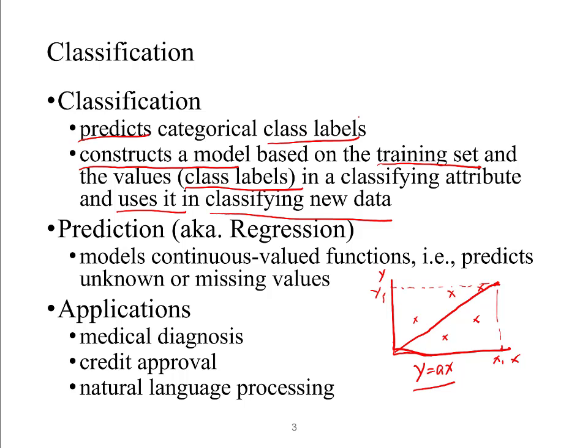And credit approval: basically the bank would have your relevant information when you apply for a loan, for example. Then it will use a classifier to decide whether your credit is okay or not, or whether they should give you the chance to apply for the loan or not, right?